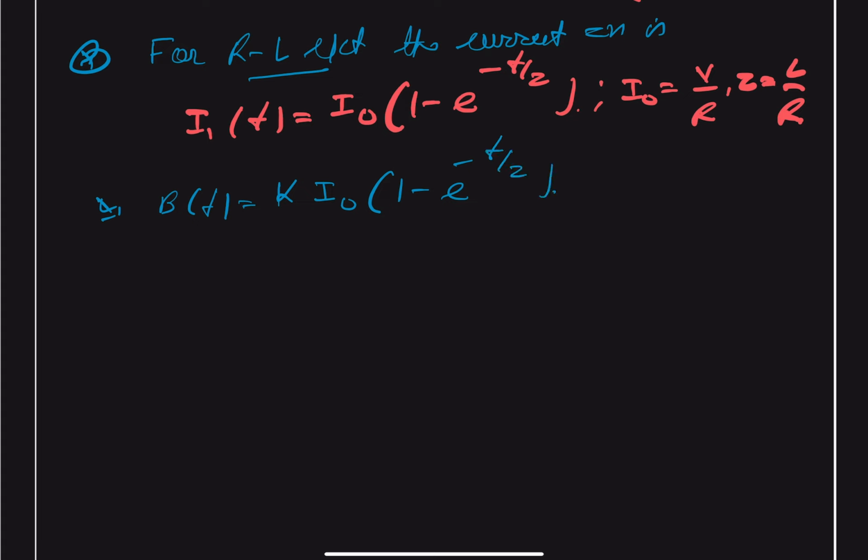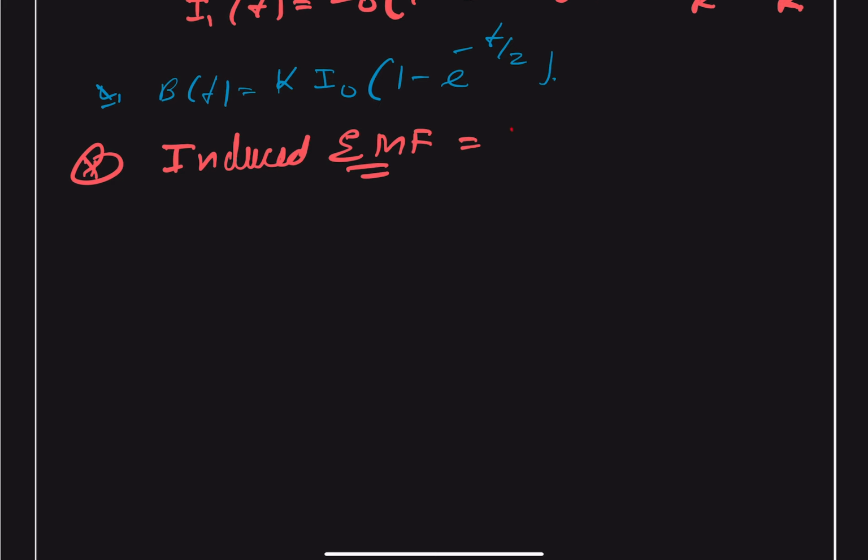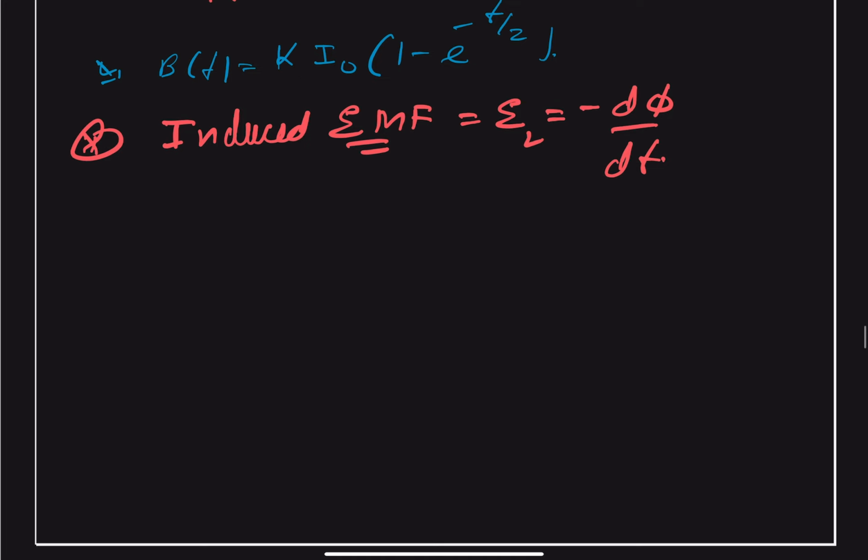Now we are going to find out the induced EMF. Let us suppose that is given as E2, which will be minus d phi upon dt, and phi is our flux, which is equal to B multiplied by A, where A is the area of the ring.